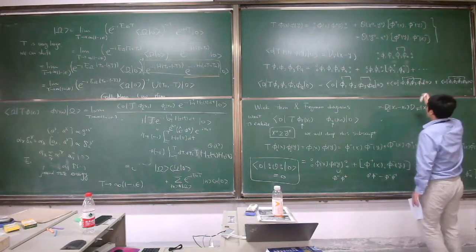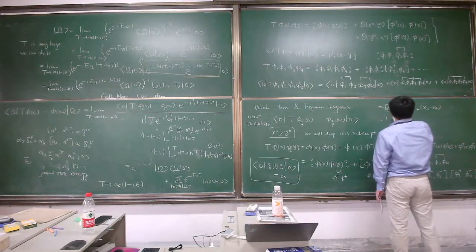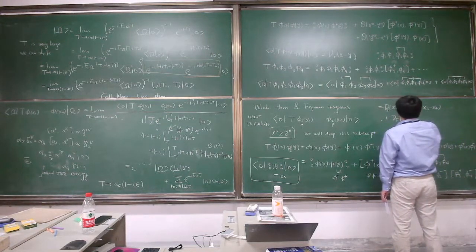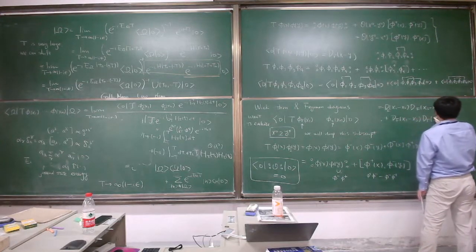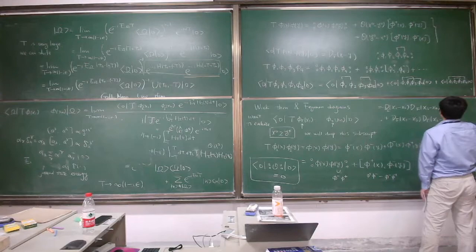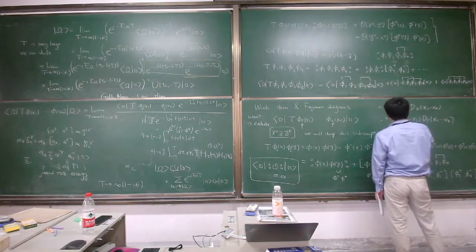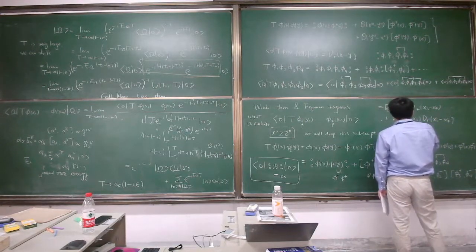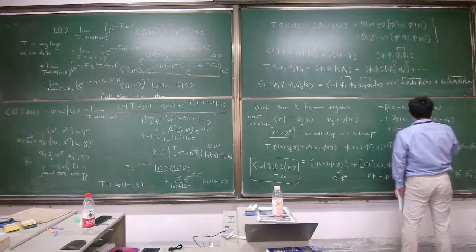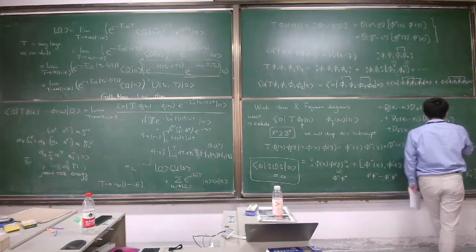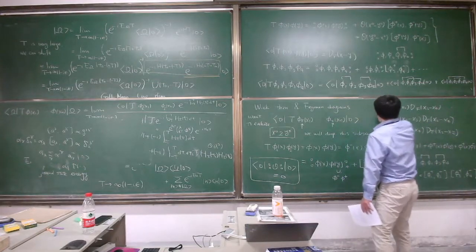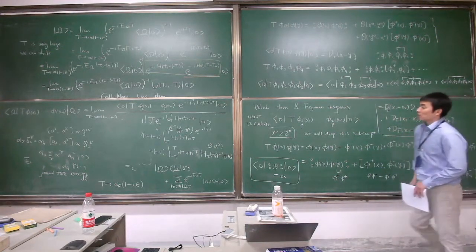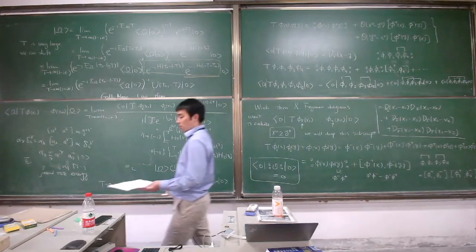And the next term is super simple. You just swap the variable. So this is the result after Wick contraction.